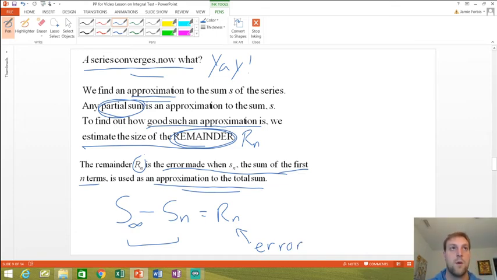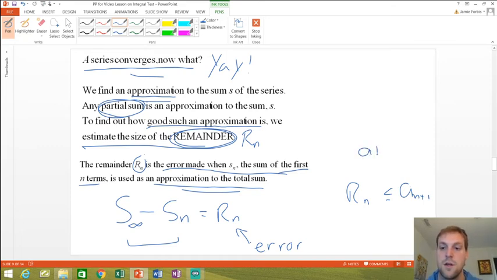Okay. Now which test have we already done this with? We did this with the alternating series test. The alternating series test said that the remainder was less than or equal to the next term in the series. Okay, that's for alternating series.